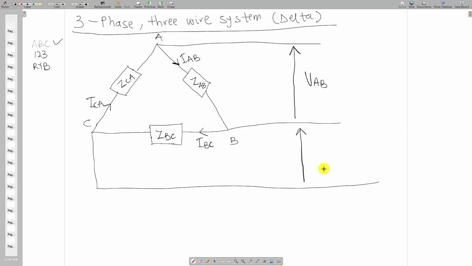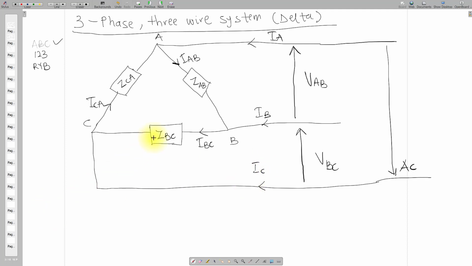I'll have a voltage here which is VBC, and this one over here that is VAC. And since this line is A, this current over here is IA, this current here is IB, and this current here is IC.